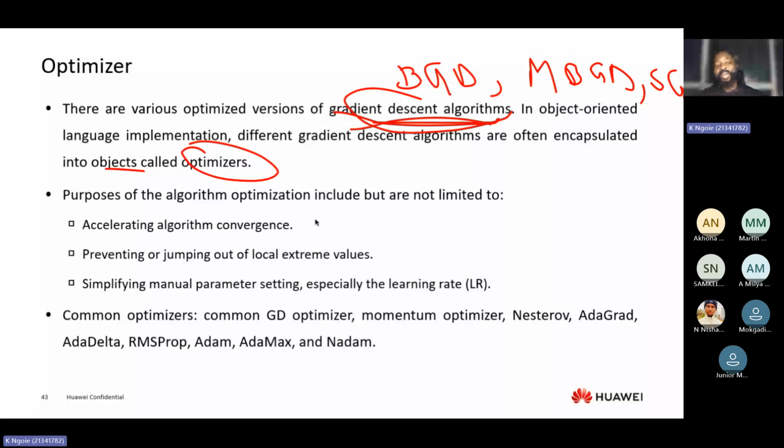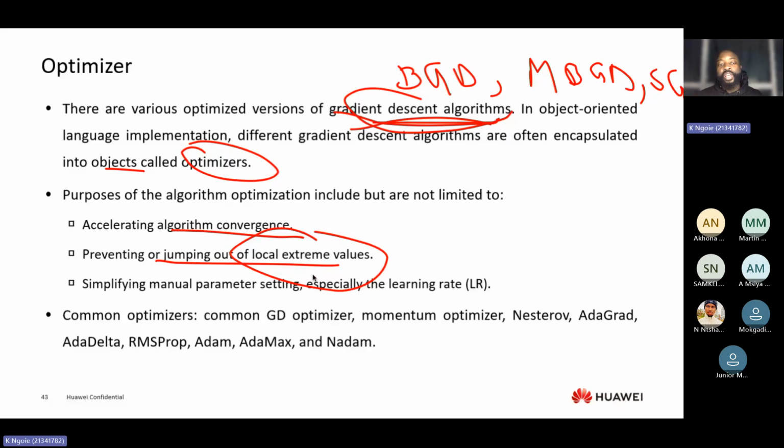So why do we encapsulate them into optimizers? It helps us to accelerate the algorithm convergence, to prevent jumping out of extreme values. You don't want to be training your model and then the values you're getting are really jumping. So we want to control how the values are behaving.